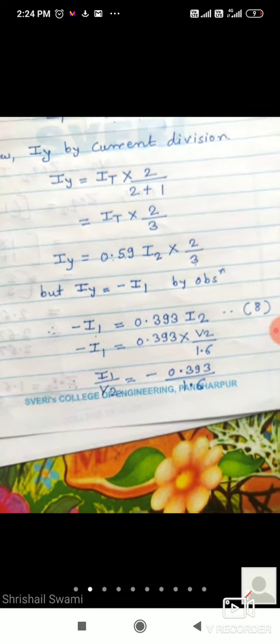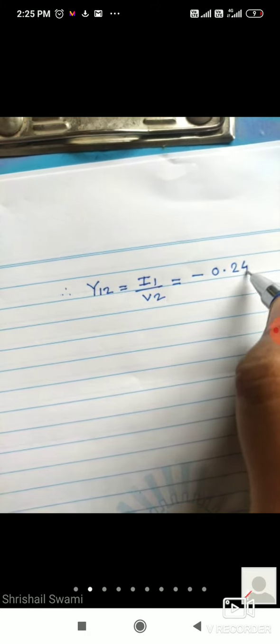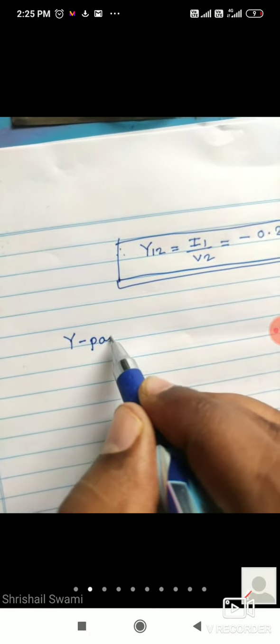Tell me the answer. One minute. So that will give the answer: y12 is equal to I1 upon V2 is equal to how much? Minus 0.245 mho. So this will give the last answer. So finally you can write the y parameters.